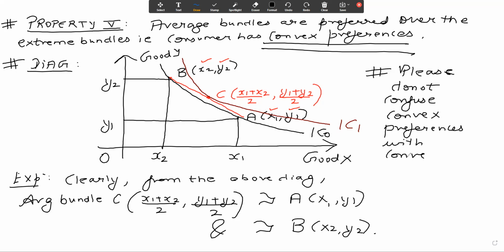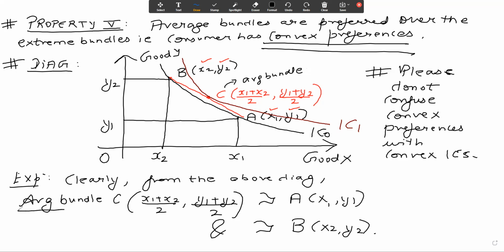The two are different, guys. The two concepts are completely different. Convex ICs means that the slope of the indifference curve, which is MRS, is diminishing. But convex preferences means that my average bundle, which is bundle C, is preferred over the extreme bundles, which are bundles A and B.